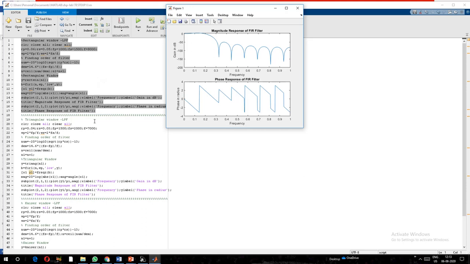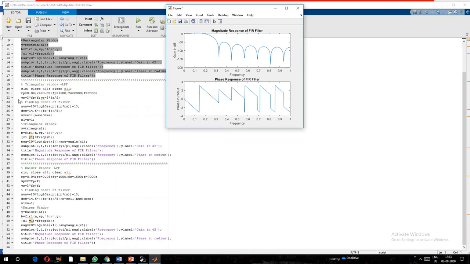Coming to the triangular window, the same procedure will be followed, but the RP and RS values will be changed. The passband frequency is 1500 and the stop band frequency is 2000. Sampling frequency is 7000.